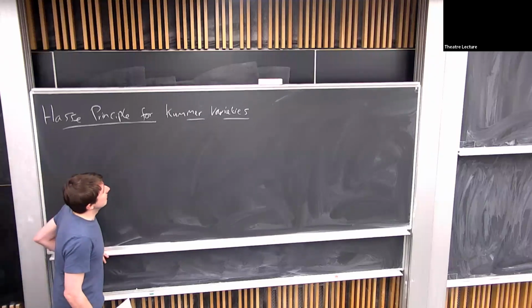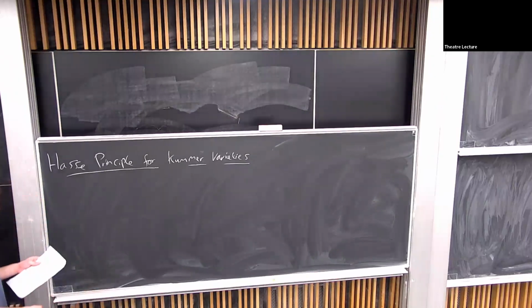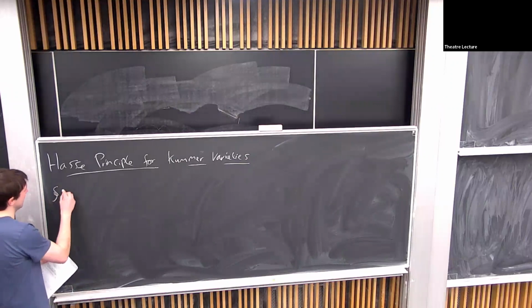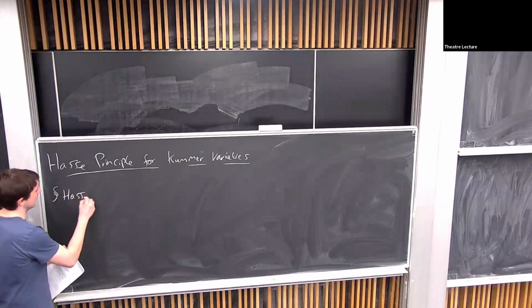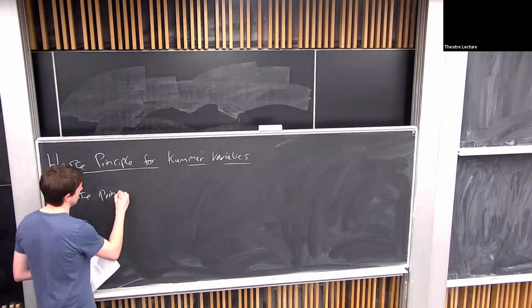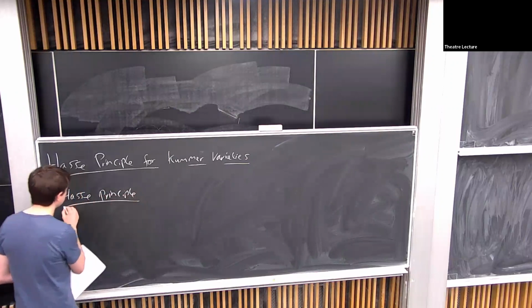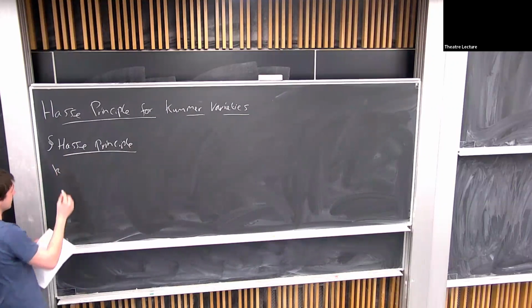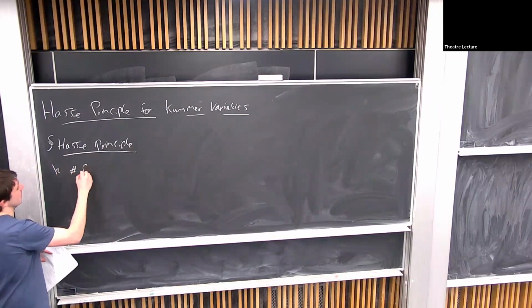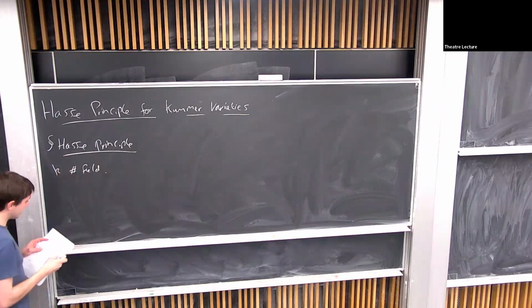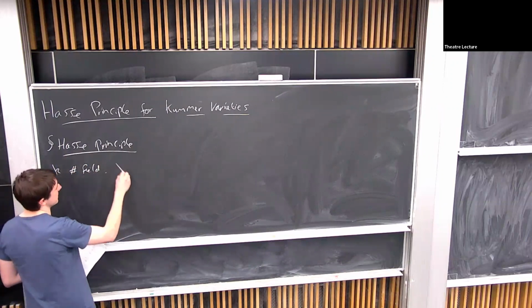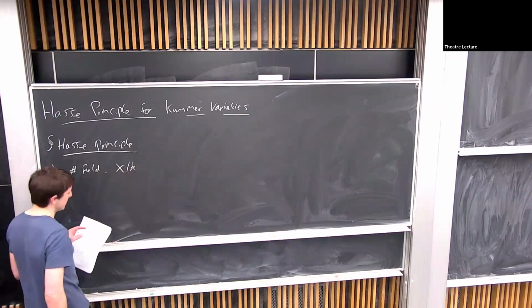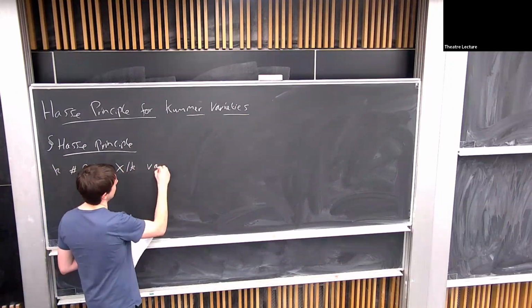So maybe let's just start with a little bit of an introduction to the Hasse principle. Throughout the talk, K is going to be a number field. Suppose we have some variety, let's say it's projective.